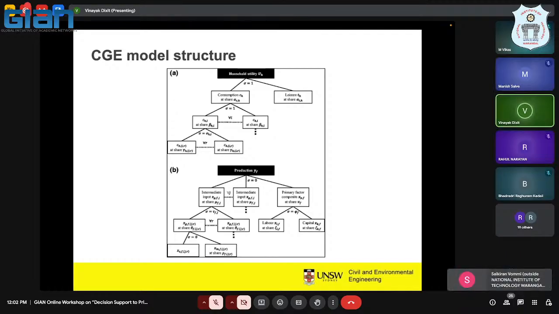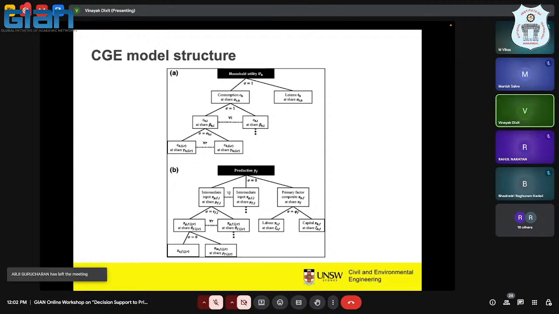The next section is the production from industry. Let's say there is a sugar manufacturing plant. Now that sugar manufacturing plant needs raw material. It needs fuel, right?